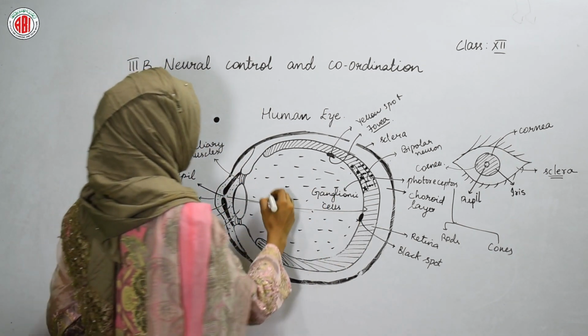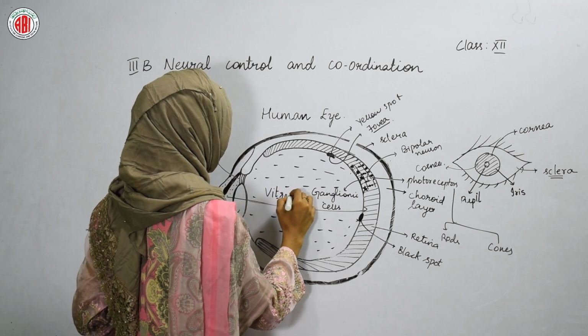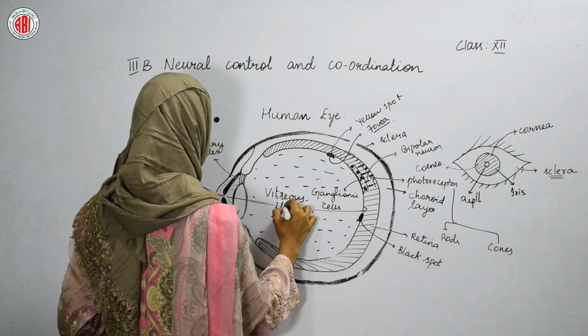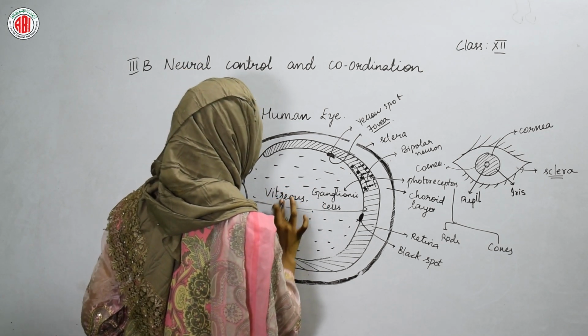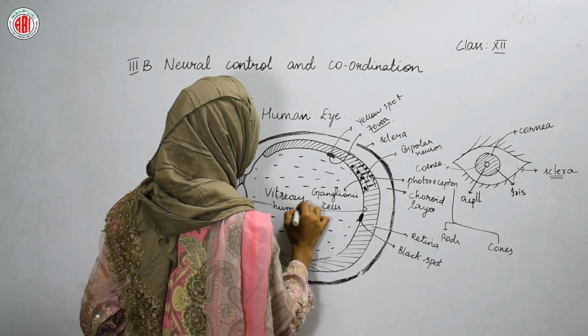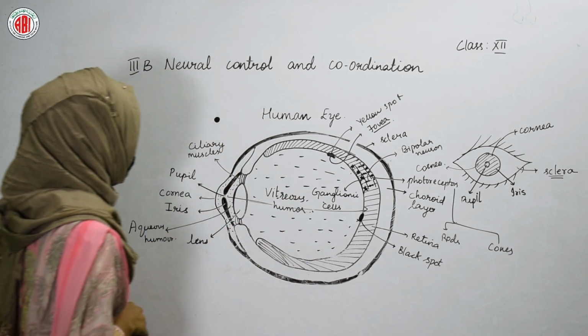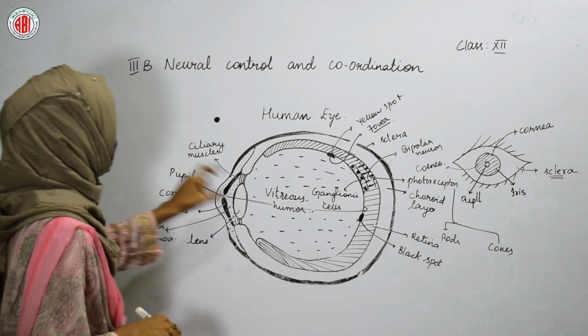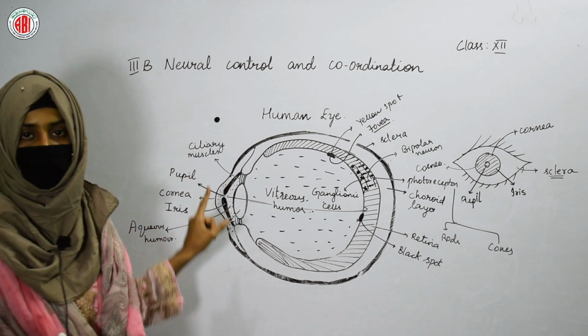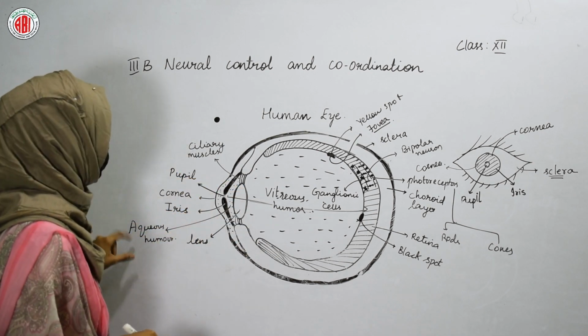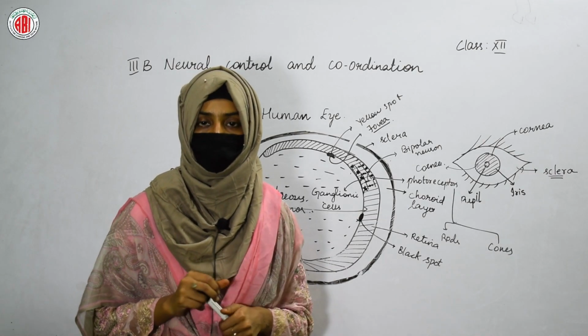This fluid is called vitreous fluid or vitreous humor. So vitreous humor is found in this part of our eye, and in between the iris and lens you can find a liquid called aqueous humor. This is about the structure of the human eye.